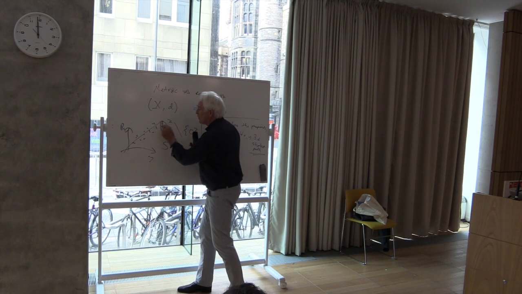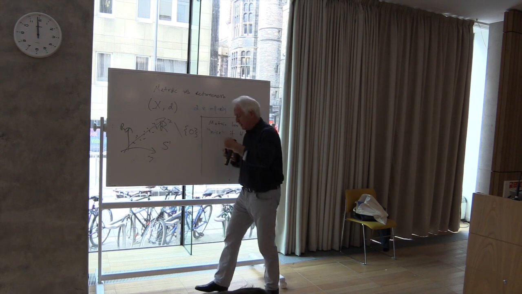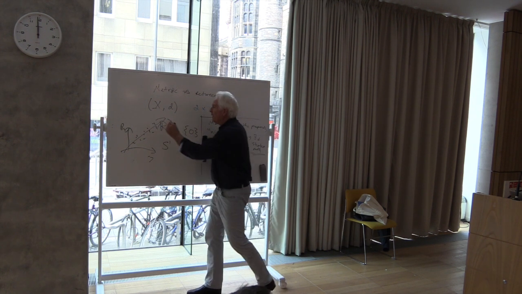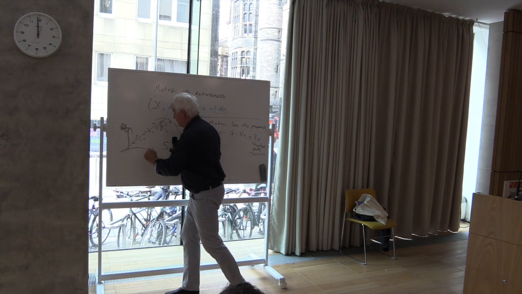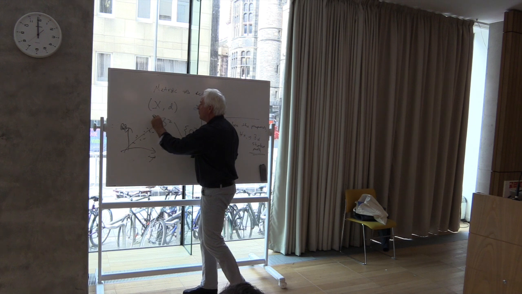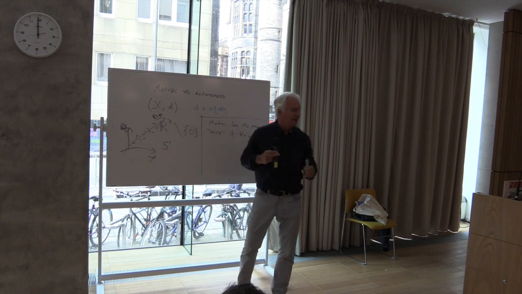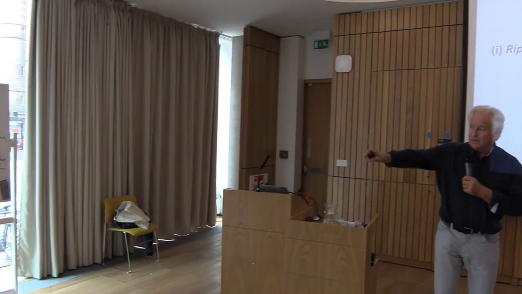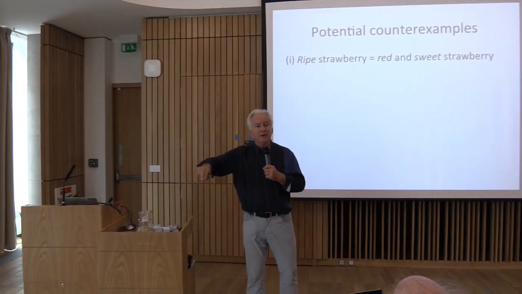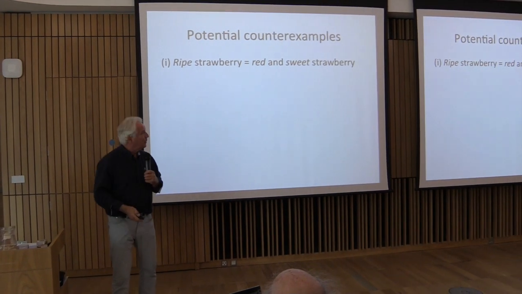And you can introduce a new, derived dimension, and this is redness. This is red and this is sweet. And so ripe would be this line that is the correlation between red and sweet. It's a bit of a counterexample, but because the correlation exists between red and sweet in berries, you can talk about ripeness.